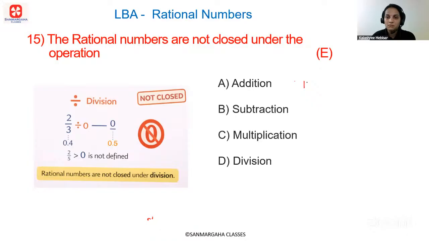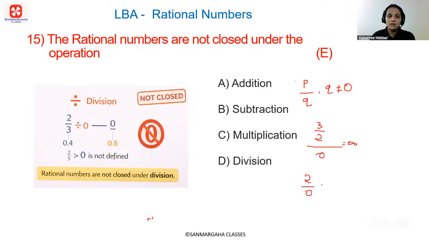What is a rational number? Usually rational numbers are represented in the form p by q, where q should not be equal to 0. For example, 3 by 2 divided by 0 cannot be defined. For example, 2 by 0 cannot be defined.